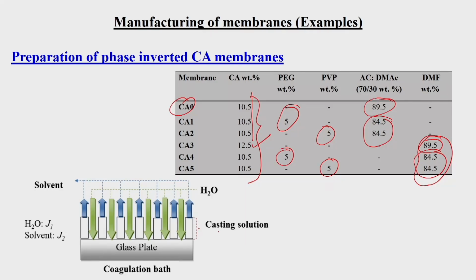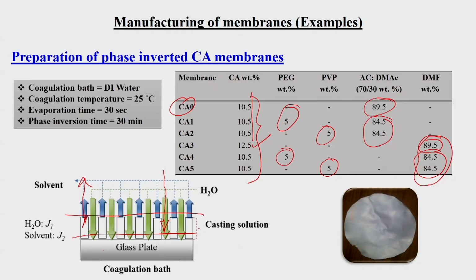Then what is happening inside this coagulation bath? Suppose this is the membrane and the solvent is inside it; the solvent will be coming into the water and water will be entering into this membrane. Due to this exchange of the solvent and co-solvent, pores are formed. Okay.